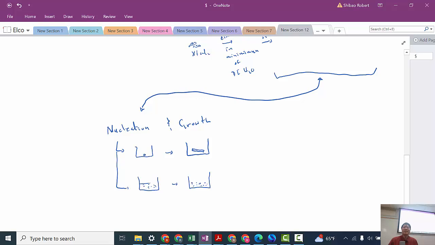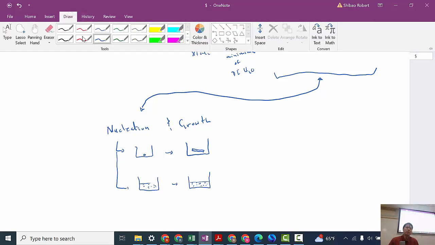Well, in terms of purity, I'd rather have one big crystal than thousands of tiny crystals. So the question comes up is, how can we nucleate fewer crystals? Maybe not one, but sometimes we can try to nucleate one. Some people try to nucleate one crystal by putting what's called a seed crystal in there.